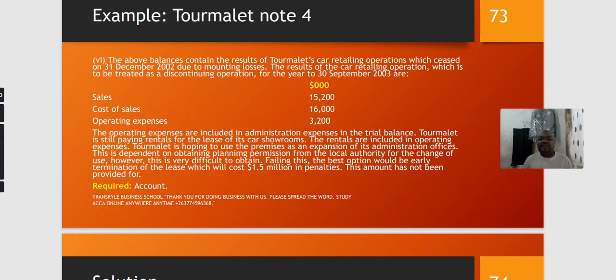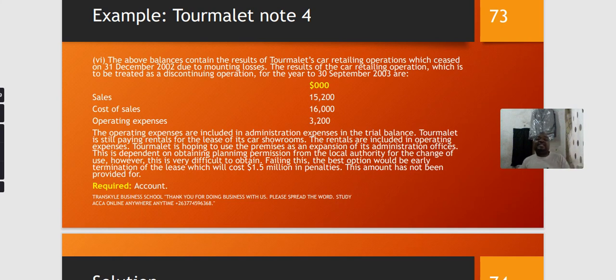You need to know how to make this adjustment. So IFRS 5 is not just a simple standard. You need to understand what is going on. Otherwise, we'll find you writing this paper over and over again.